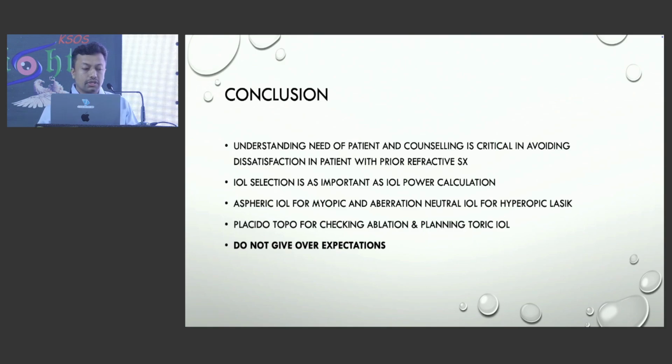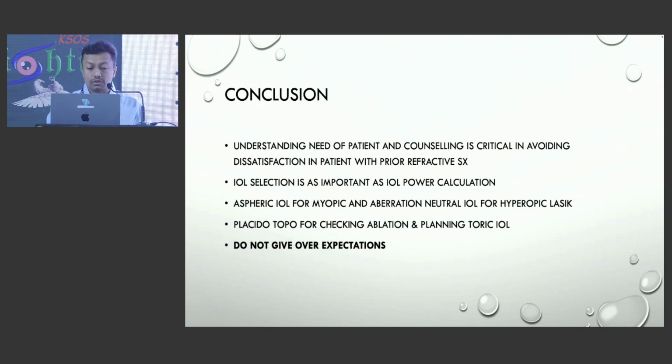And in conclusion, understanding the needs of patients and counseling is critical in avoiding dissatisfaction in patients with prior refractive surgery. And IOL selection is an important criterion in that calculation: the aspherical IOL for myopes and aberration neutral for hyperopes. And Placido topography for checking the ablation and for planning a toric IOL.